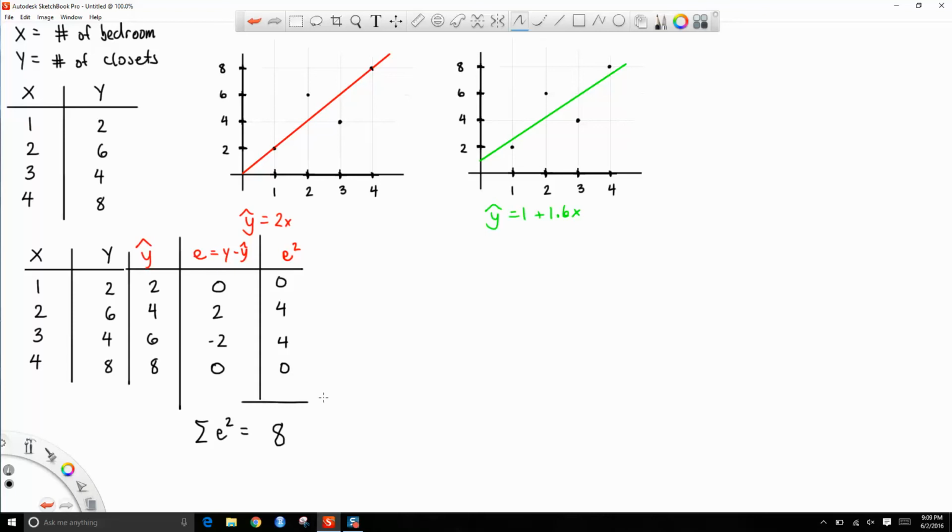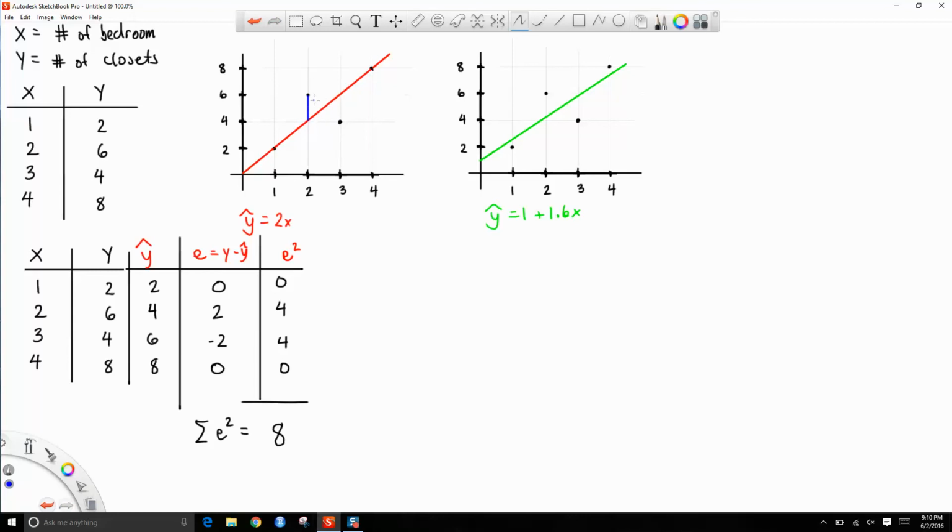All right, and so to picture this, we can look at the distance between the dot and the line.